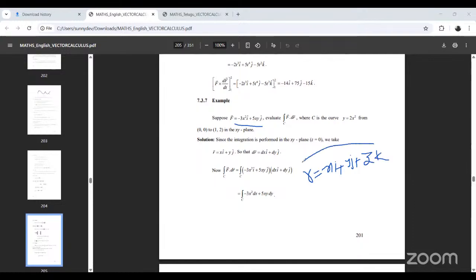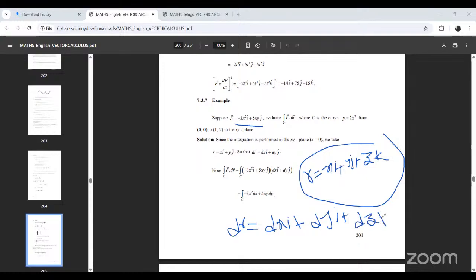In the whole chapter you should remember that r equal to xi plus yj plus zk, then dr equal to dx i plus dy j plus dz k. So these two things are important.